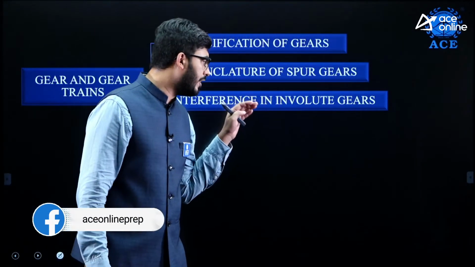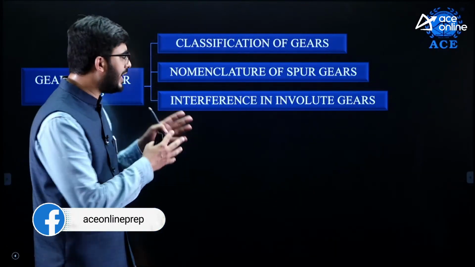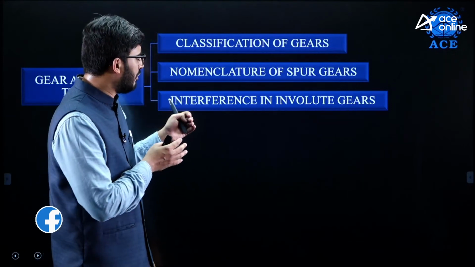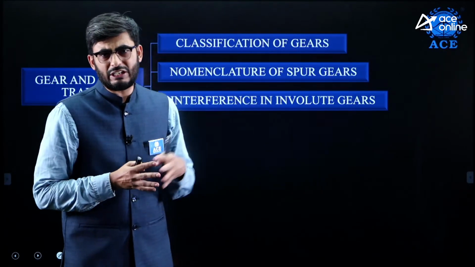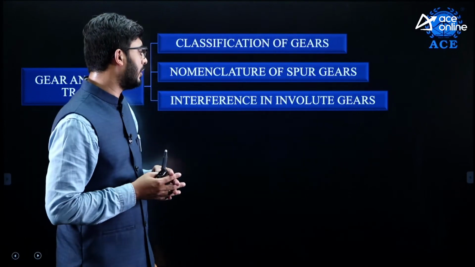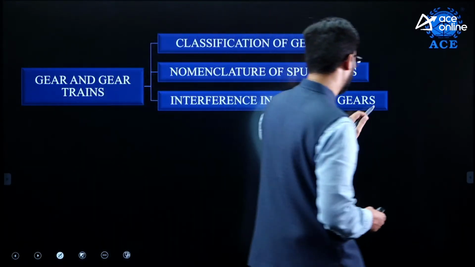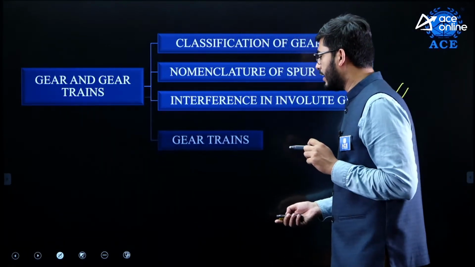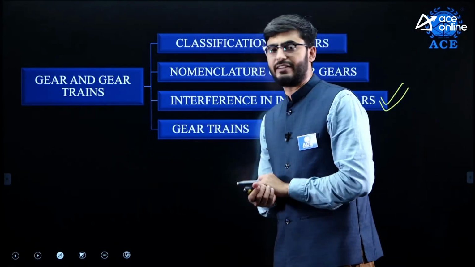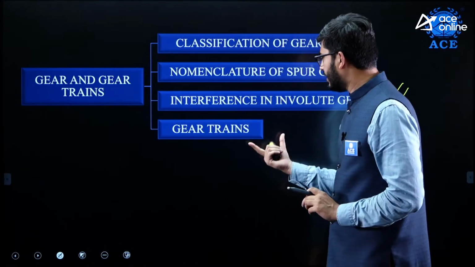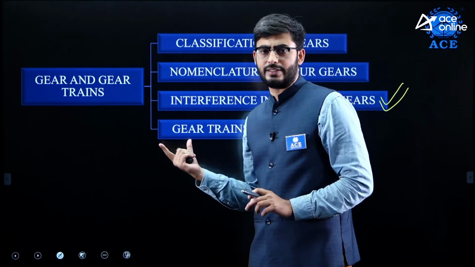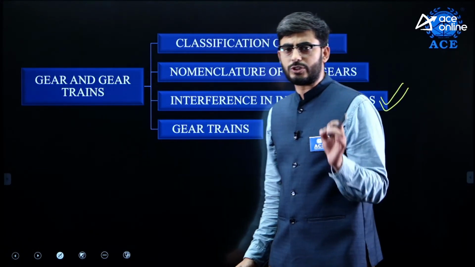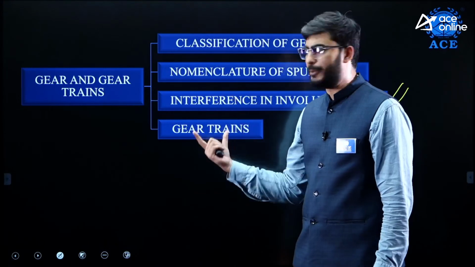This is also a very, very important topic from which we can expect a reasoning question, which is maybe comprehensive type or recalling type. Now, one more concept we are left with is gear trains. From this concept, every single year or every alternate year, a question is consistently repeated.